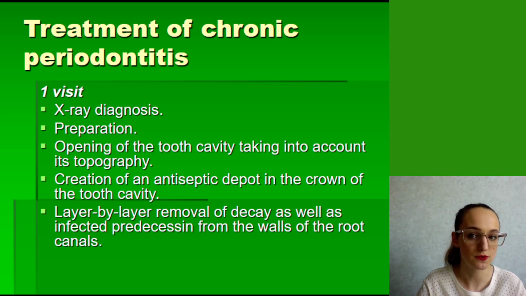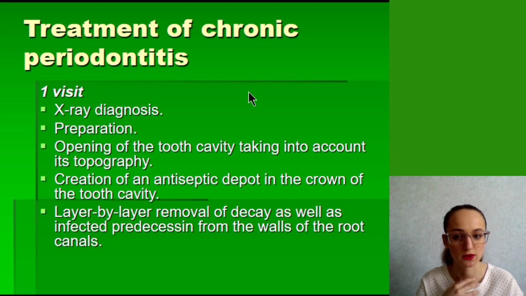So the first visit: simple X-ray diagnosis, preparation, opening the tooth cavity, creation of the antiseptic depot, and layer by layer removal of decay, as well as infected predentin from the walls of the root canals.